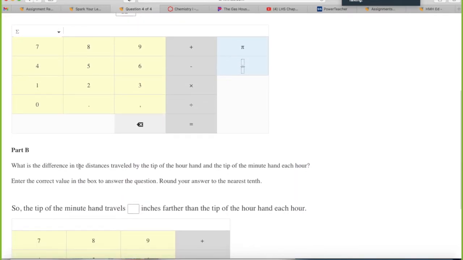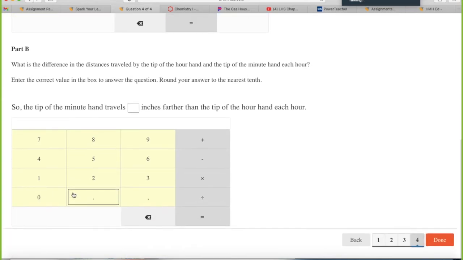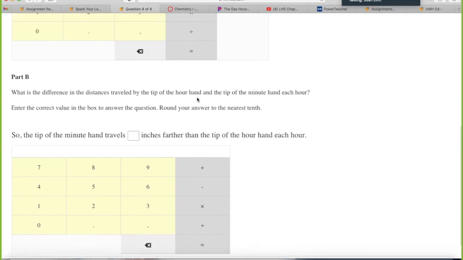What is the distance traveled by the tip of the hour hand and the tip of the minute hand each hour? Enter the correct value. So the tip of the minute hand travels blank inches further than the tip of the hour hand each hour.